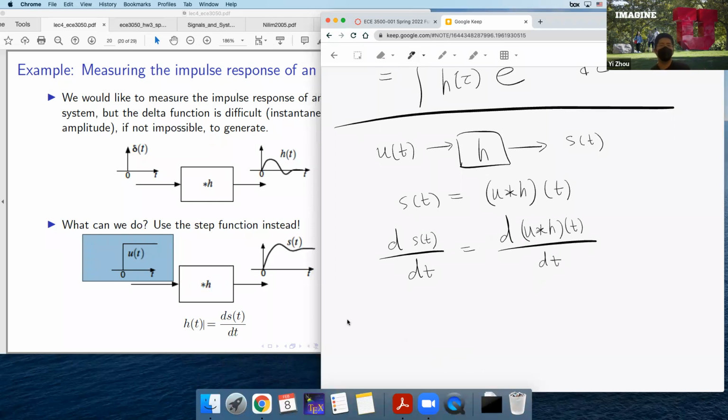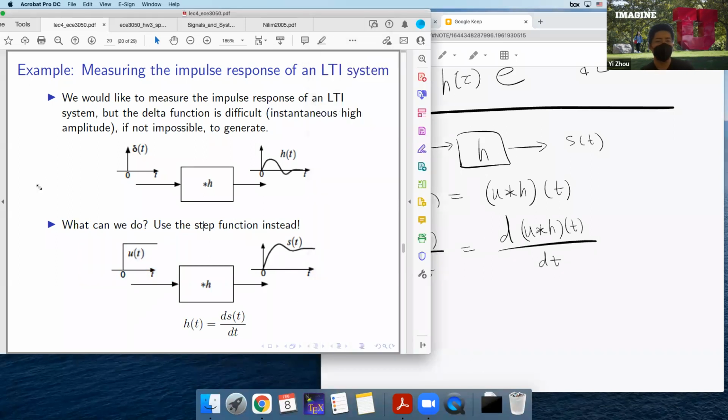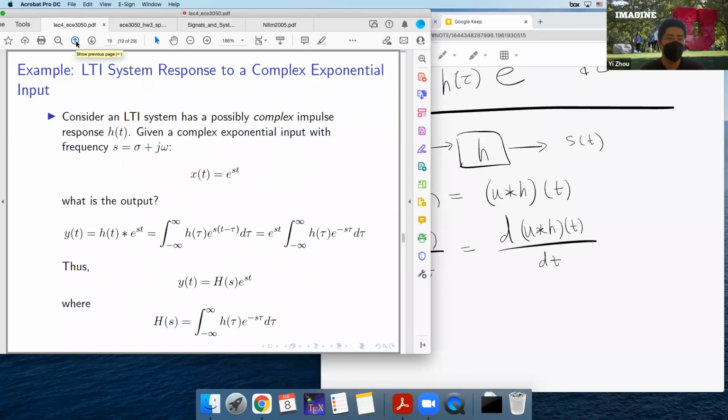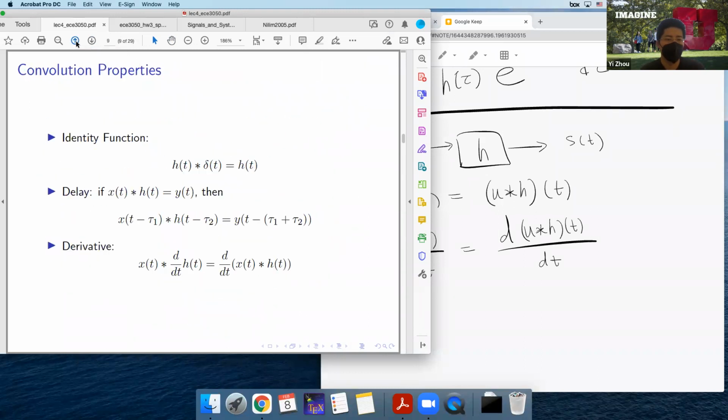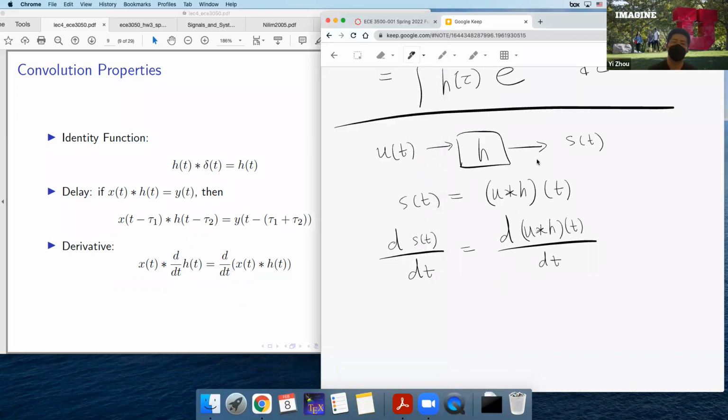And by the differentiation property of the convolution, we have one slide for that. Here's the differentiation property. For the derivative of a convolution, we can instead take the derivative of any one of them first, and then take the convolution. So in this case, I can look at du/dt first.